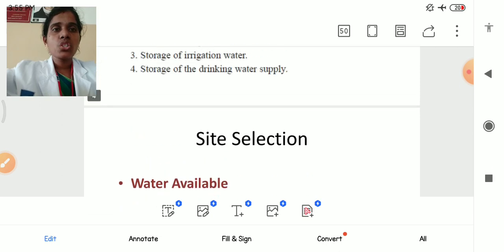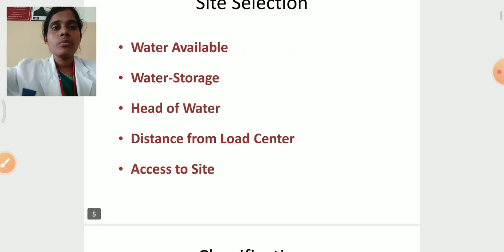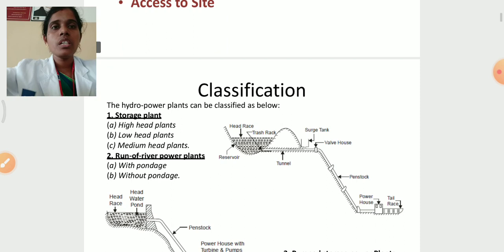For site selection, the hydro power plant is located where water is available, where it can store the water, with sufficient water head level, and where the distance from the load center is small and the site is easily accessible.